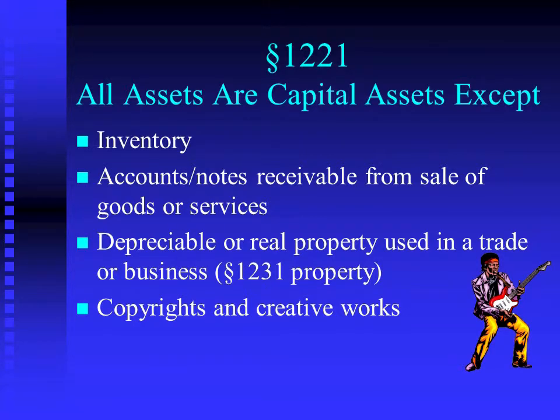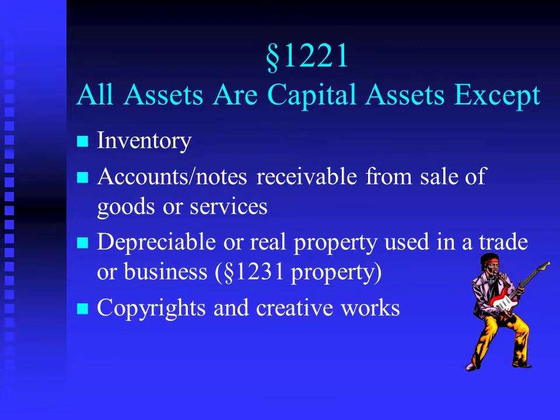On the other hand, if for some reason the copyright is just a beautiful piece of paper and you buy it from Stephen King as an investment, you're simply going to hold it over time so that you sell it at a profit later. That would not be inventory, because it's inventory if you're holding it out for day-to-day sale.